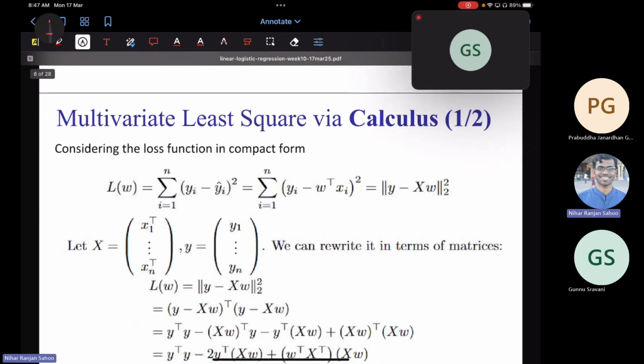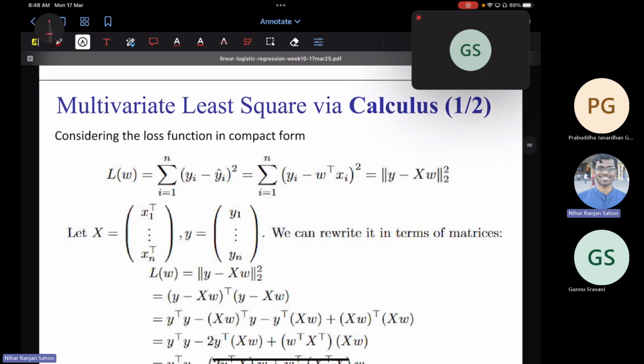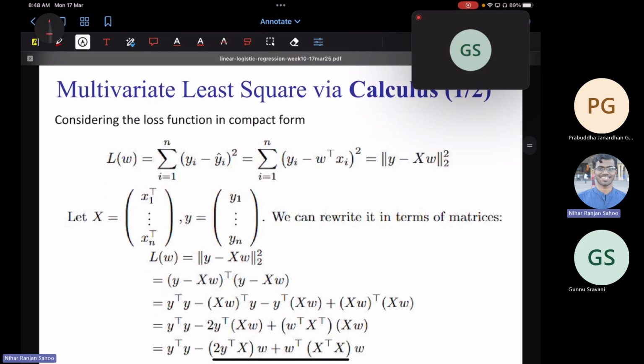Now coming to multivariate least square using calculus. Again, this is ordinary; why it is ordinary, we'll discuss in the end. In the multivariate case, x has multiple dimensions, so we can represent this as xw. If x is n cross p and w is p cross 1, then xw will be n cross 1, and y we know is n cross 1.